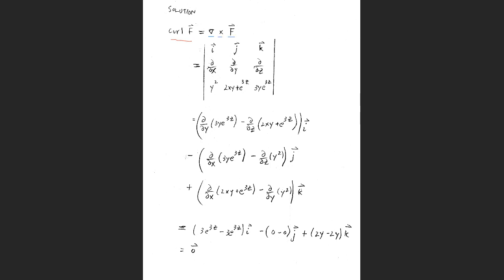So I set up the 3 by 3 determinant, where the components of the second row are the components of the del operator, and the components of the third row are the P, the Q, and the R components of our force field.